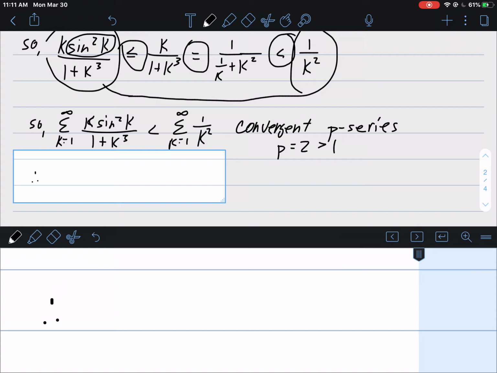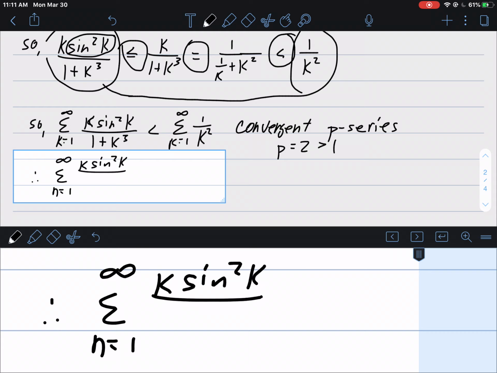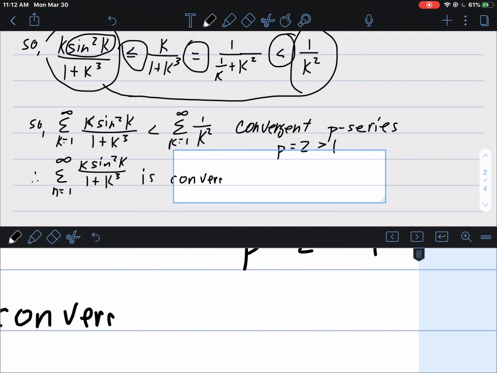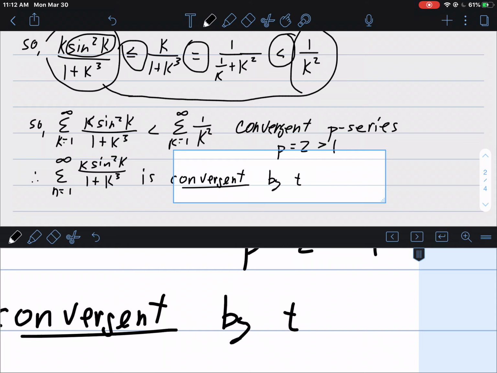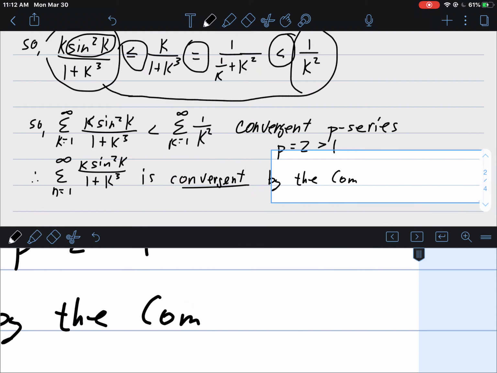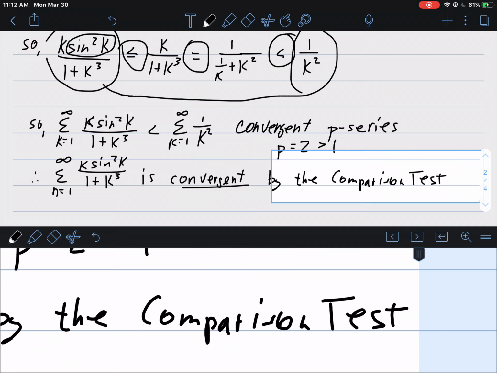Therefore, the sum as n goes from 1 to infinity of our series, and again, if you just want to write a sub n here, you don't have to rewrite the entire series, we know that this series has to be convergent because it's smaller than a convergent p-series.